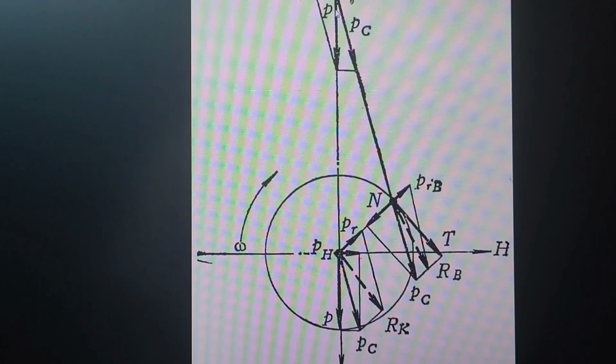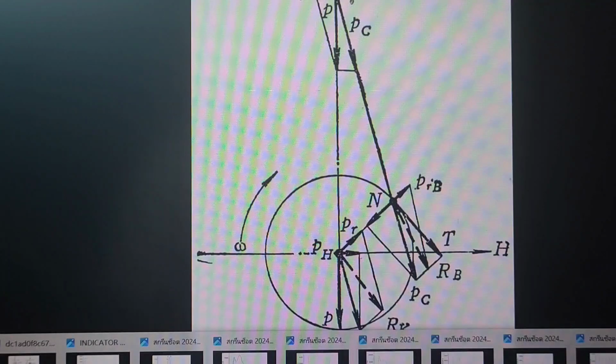Here you can see the crosshead part. Due to the view, it's not very clear that on this left side there is a side force, a horizontal force, and here is a force along the connecting rod, which will act on the crankshaft pin.